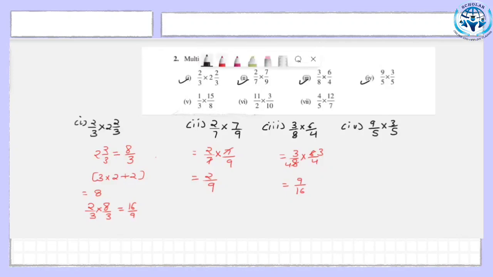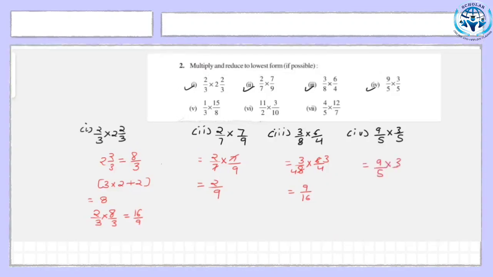Numerator with the numerator, 9 3s are 27 and 5 5s are 25. 27 by 25. You can convert it into mixed fraction, 1 2 by 25.